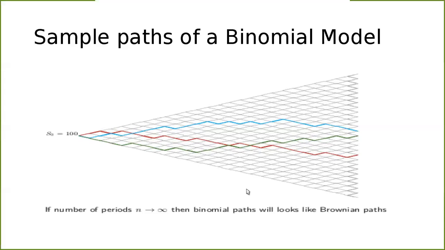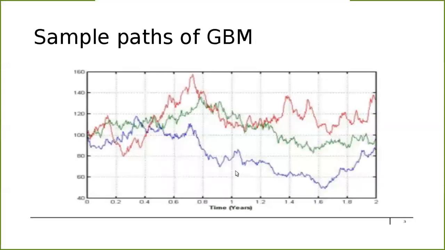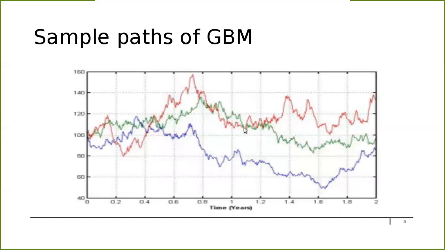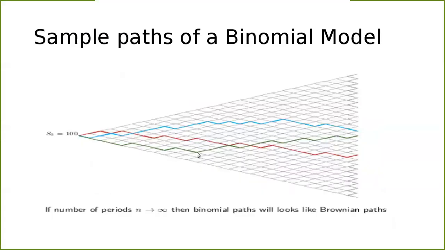If number of periods n tends to infinity, then binomial paths will look like Brownian paths. So in reality it is a model for this case, and we have these three trajectories, as this on the binomial model.